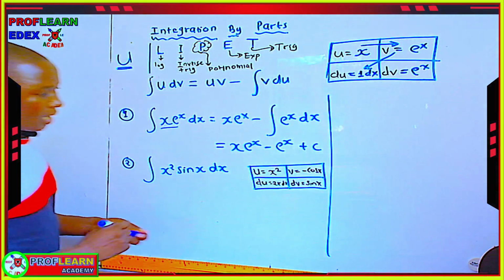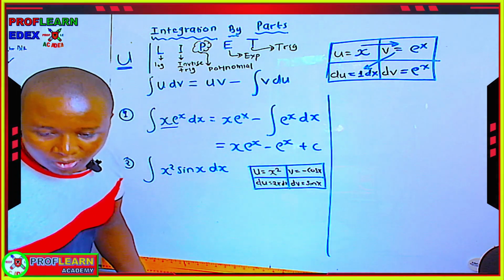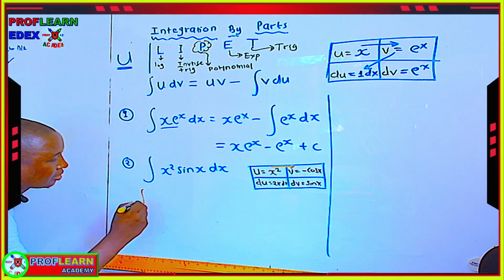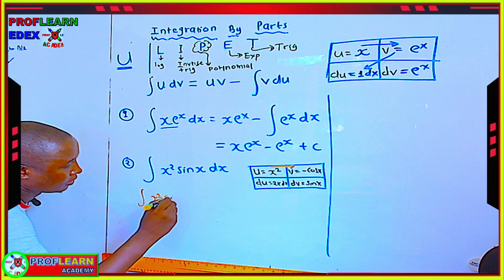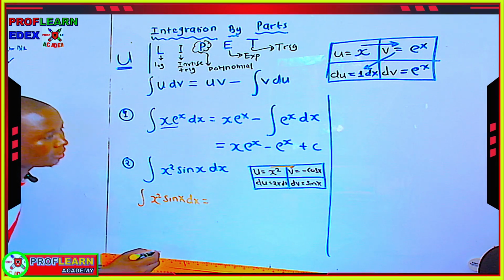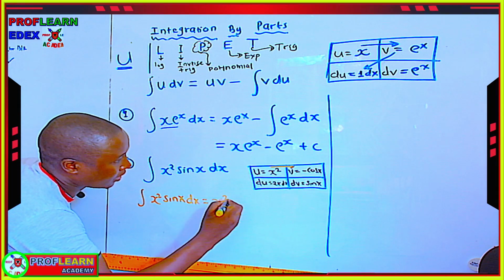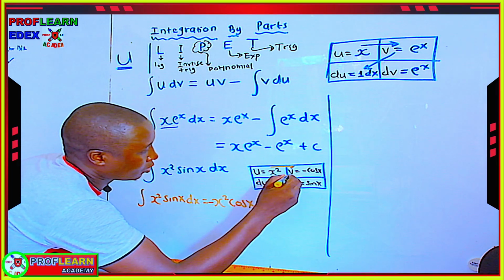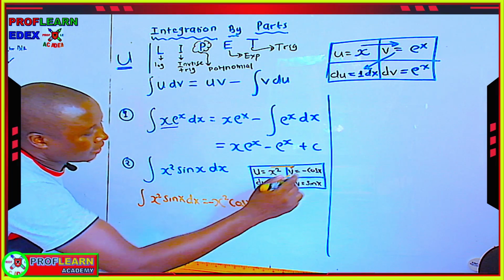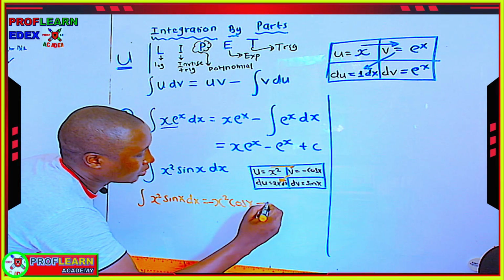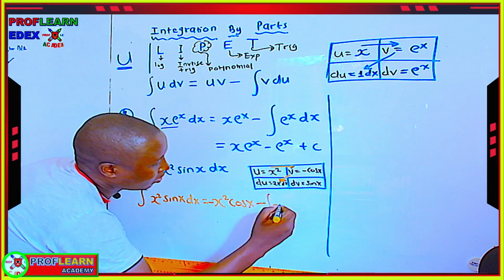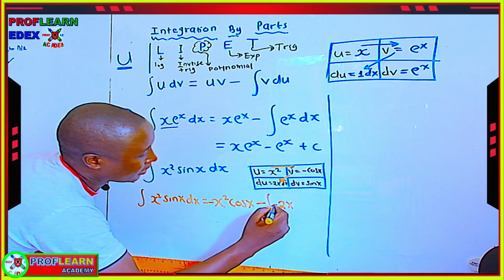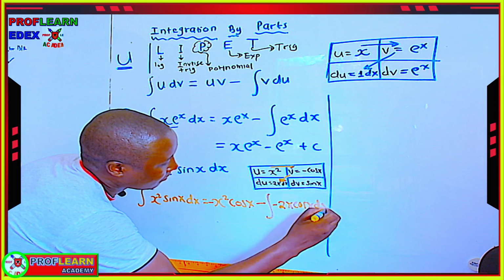On this point here, we are going to multiply across, and we say that the integral of x squared sine x dx is going to be equal to x squared times negative cos x minus, because we shall be multiplying diagonally here, negative cos x times 2x, because this is 2x and this is negative, so it will be negative 2x cos x dx.